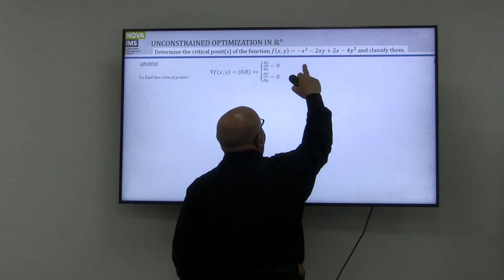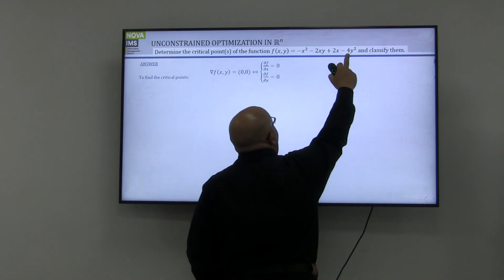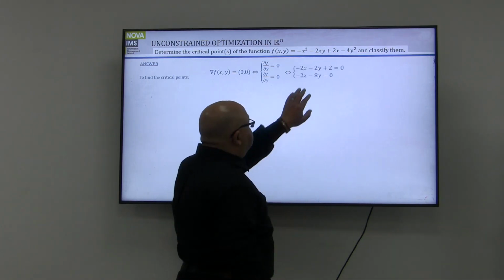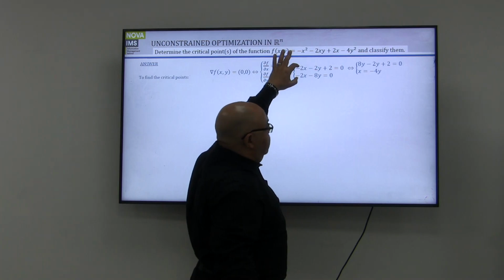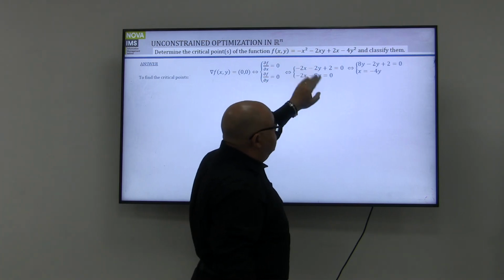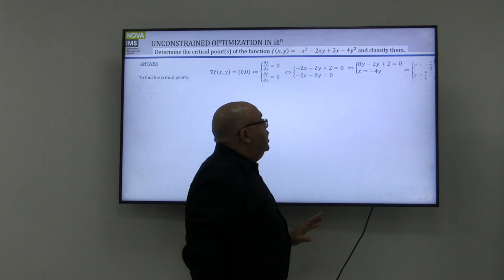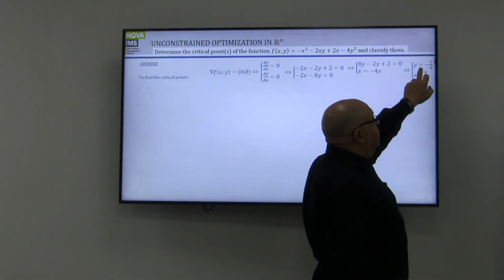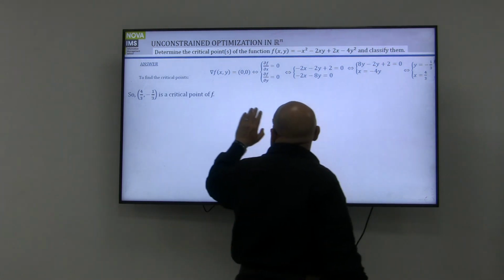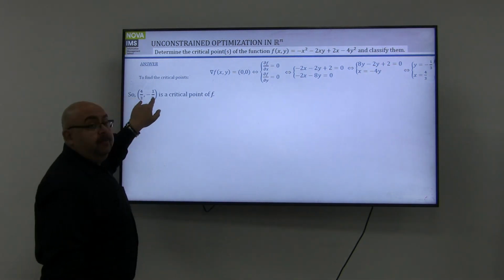For the second equation, it's going to be negative 2x and negative 8y, as you can see. I will solve two equations in two variables, by substitution or whatever you like. Now I got the point x equal to 4/3 and y equal to -1/3, which is the probable critical point.